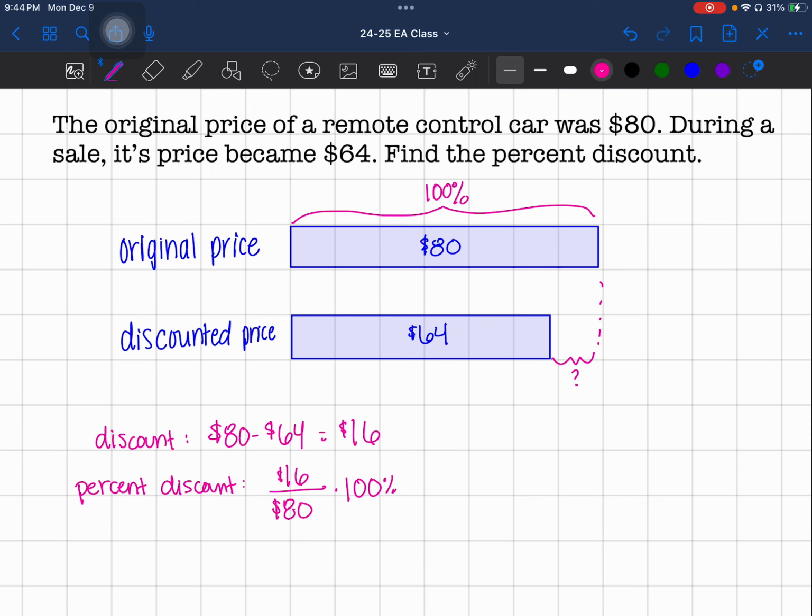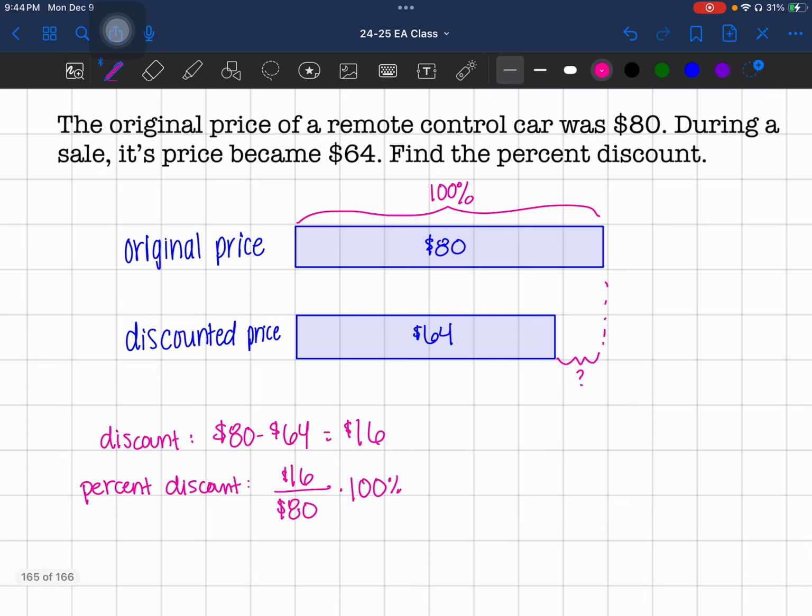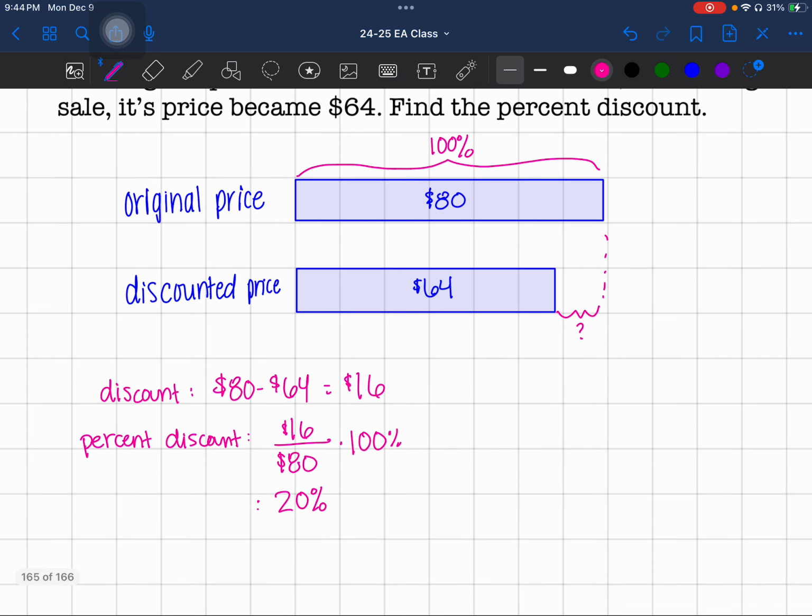Okay? And so you should have gotten 20%. So the percent discount was 20%.